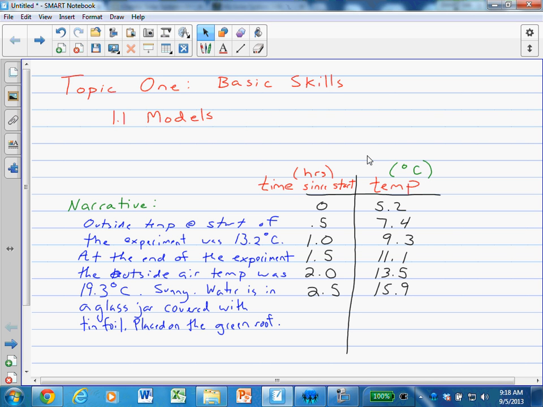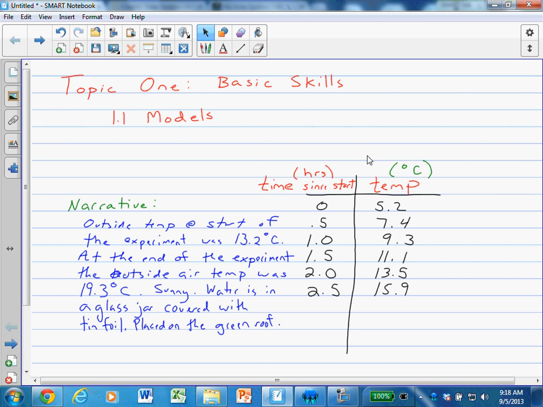Anyone have any ideas? How about Aiden? What would you do to get an equation of this data? What would be the first step? That you have temperature data, and you have time data. What might you do?